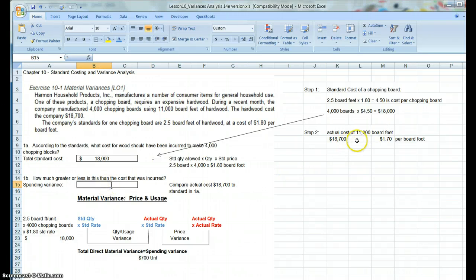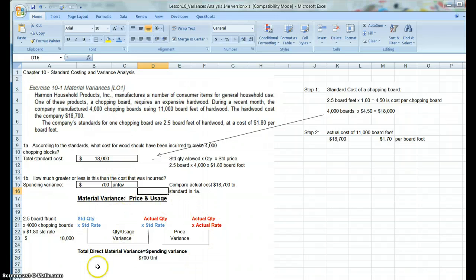So our spending variance, or our total variance on the purchase of these boards, was $700. And we're going to call that unfavorable, from the standpoint of the fact that we spent more than the standard. So that's our spending variance.